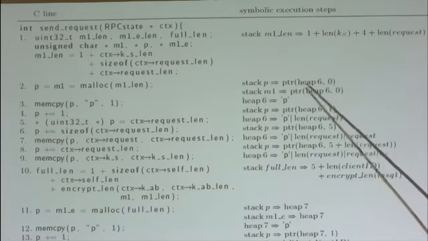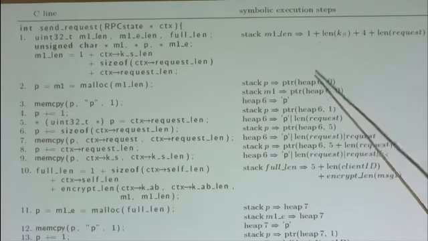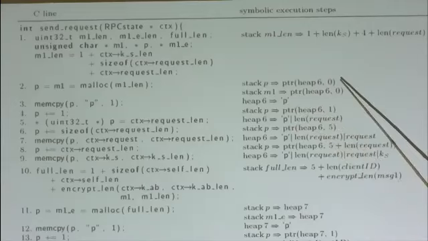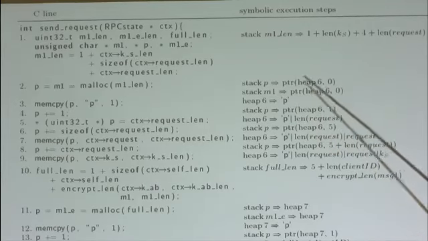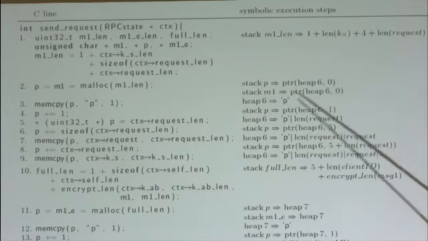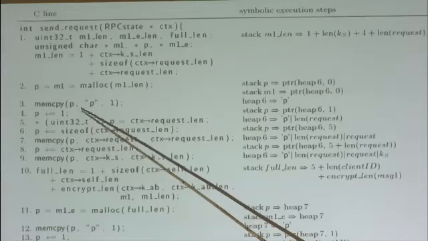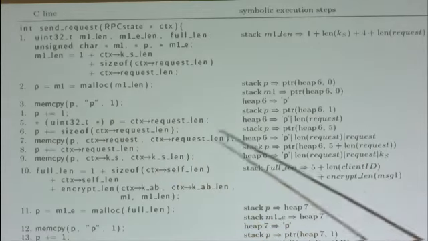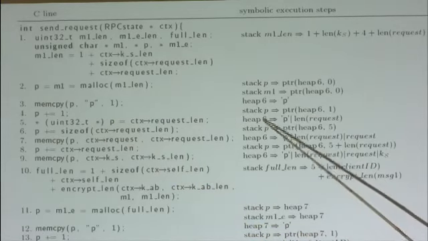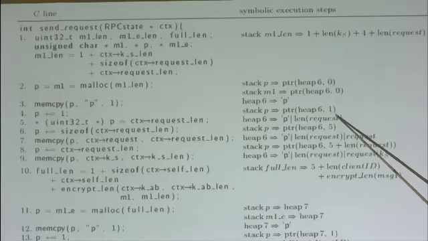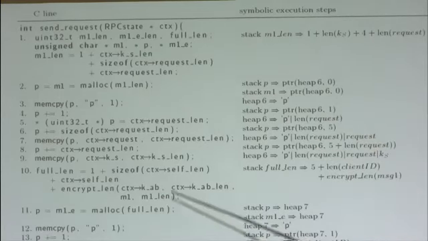So we can represent that by having a variable like heap 6 that represents the start of a chunk of memory, and then you have an offset. So p and m1 are at offset 0, but say stack p after you've done this plus equals 1, a bit of pointer arithmetic, p ends up being a pointer into heap 6, but at offset 1. And we just continue in this vein.